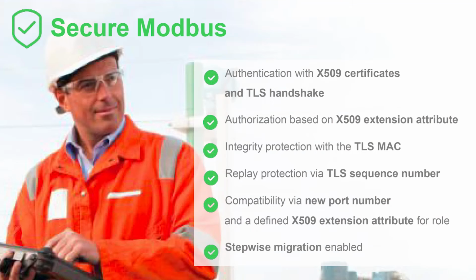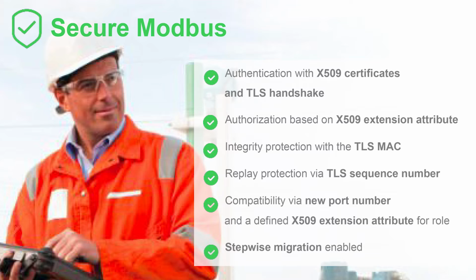So at the outset, we identified a number of things we wanted to make sure we could do. We had authentication, authorization, definitely integrity protection, and we wanted to make sure that we had a good way to ensure compatibility with legacy Modbus and across different vendors.